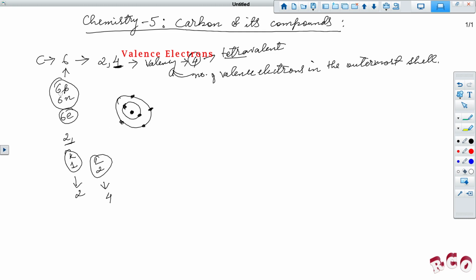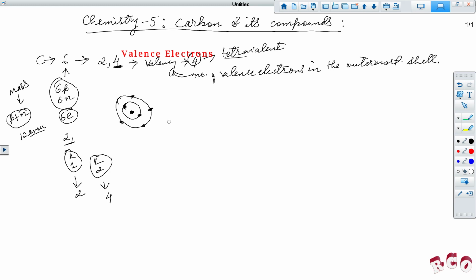Now, what is the mass of carbon? Mass is the sum of the protons and neutrons in the nucleus. So it will be 12 AMU, atomic mass unit.